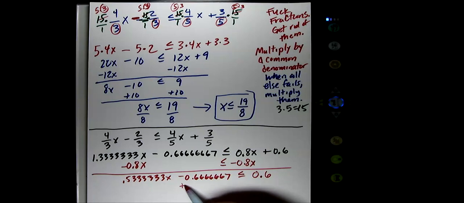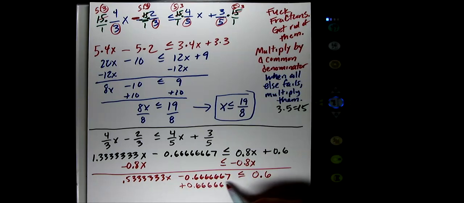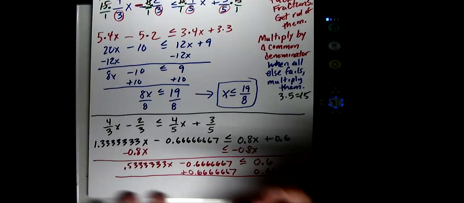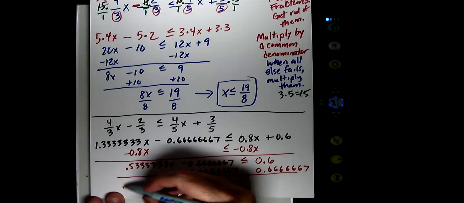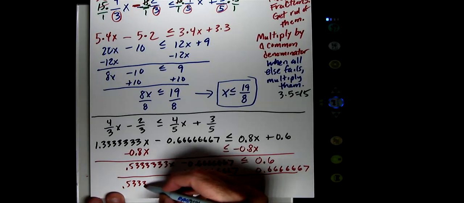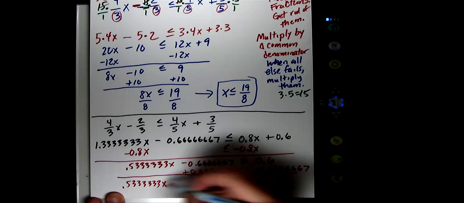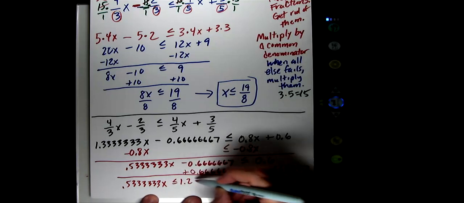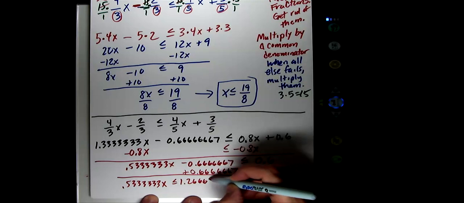Then we add the shitty constant, just add the number to the other side. And I get 0.5333333333333 x is less than or equal to 1.266666667.